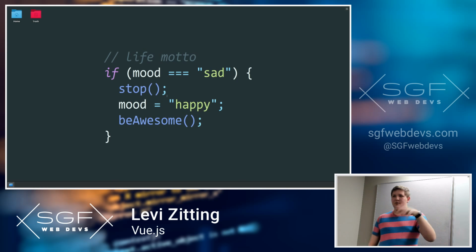So let's talk a little bit about the history of Vue. Vue has been around for two or three years, maybe almost four. It was originally created by Evan You, and he's still the maintainer of the project today. He created Vue.js while working at Google as a little helper library because he didn't want to use full-on Angular for some projects.